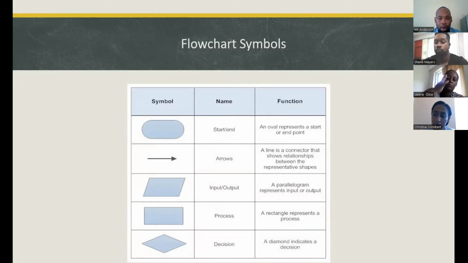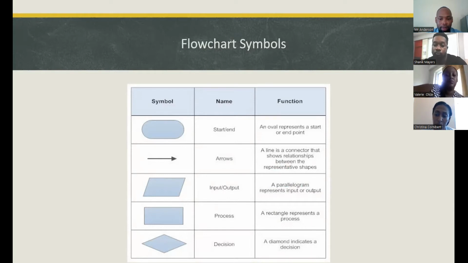Next, we have a parallelogram representing input and output. Then we have a rectangle, which represents processing. So all processing is represented by a rectangle.